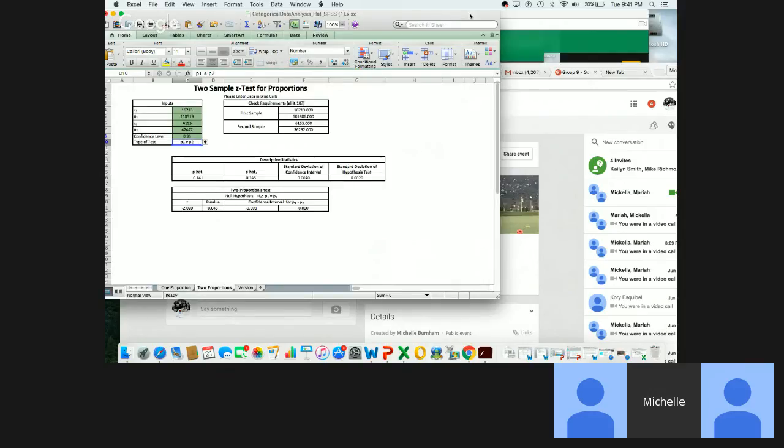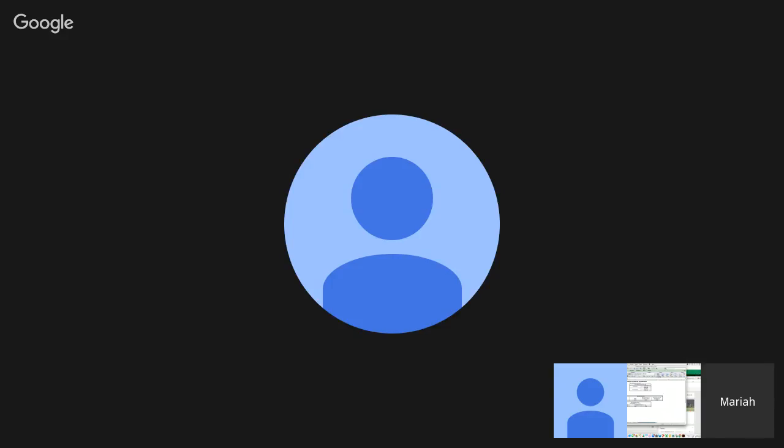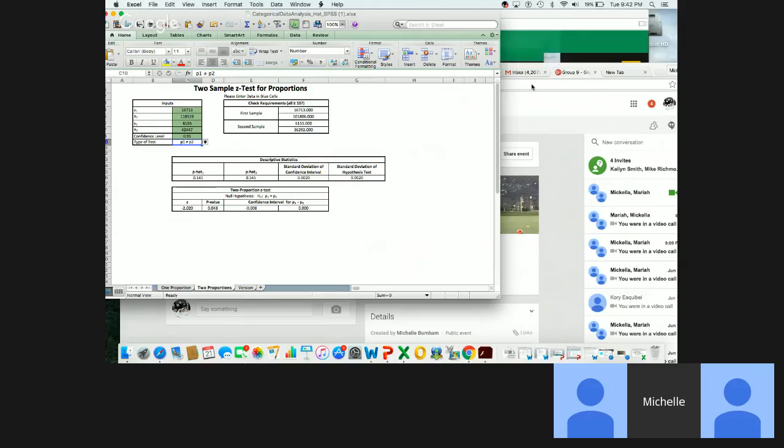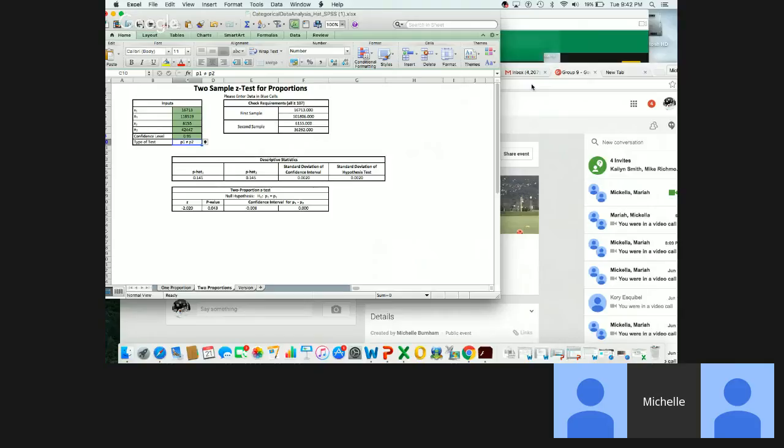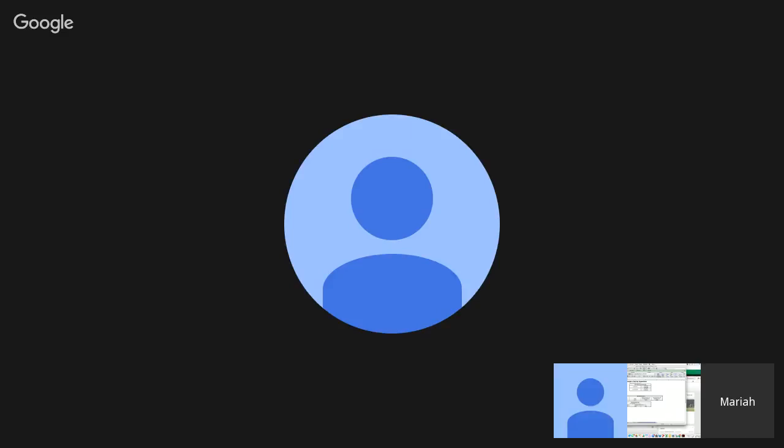P-value is 0.043. All right, and the decision for this test would be to reject because it's less than 0.05, right? So reject it. Reject, and yes, it's sufficient evidence.